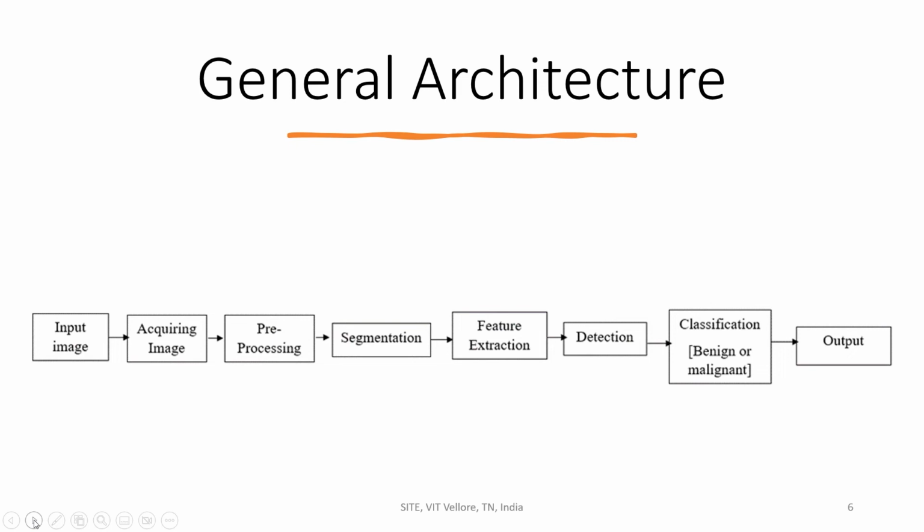Hello, this is Ashish, and I'll be covering the general architecture. So now we can see the general stages which the learning model has to pass through. We tend to find the data set which is needed. After that, we take the images and give them to the learning model as input.